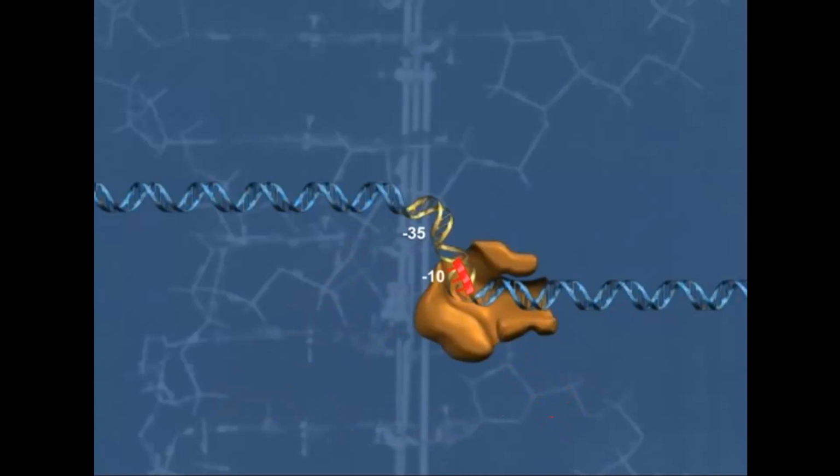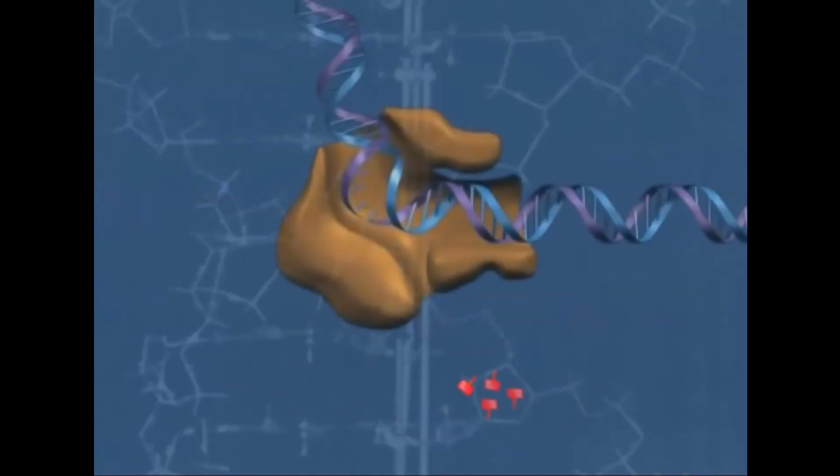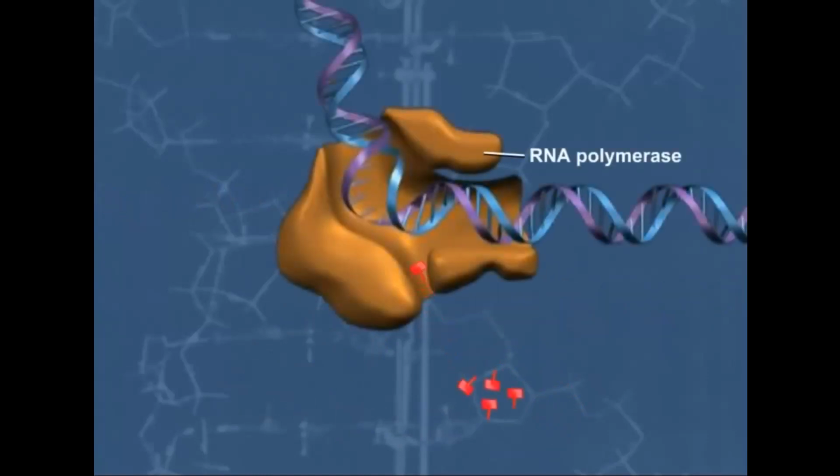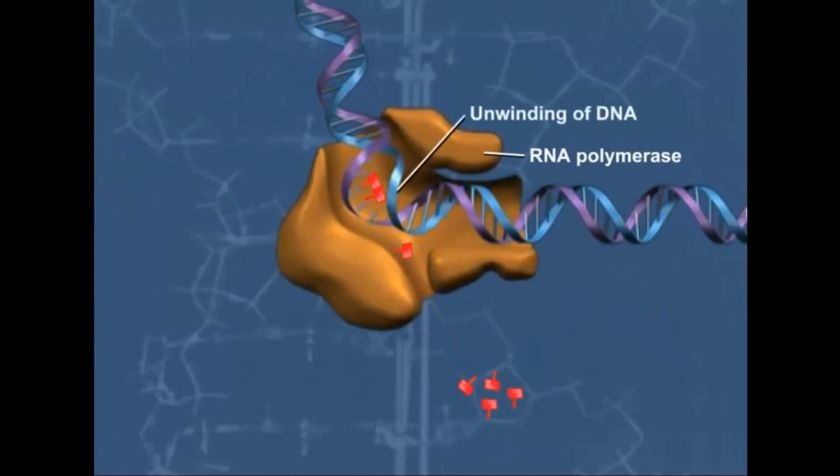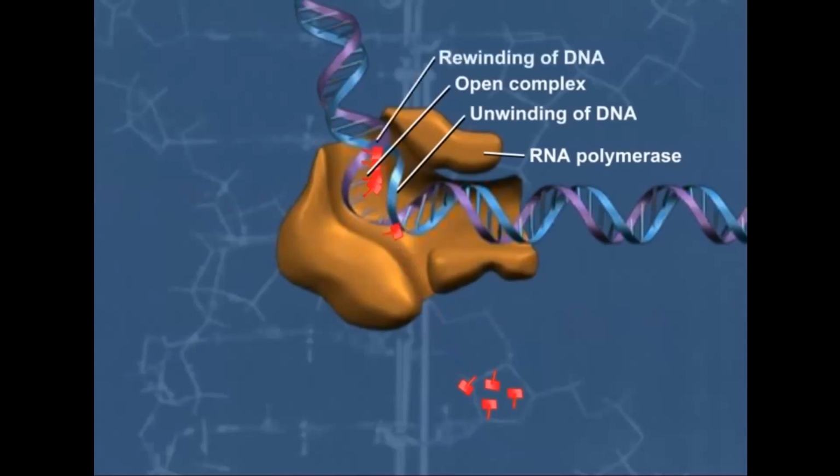As elongation of the transcript then continues, the RNA polymerase moves down the DNA molecule and the next sequence in the chain is opened up. As RNA polymerase moves down the DNA strand, the DNA molecule entering RNA polymerase unwinds, forming the open complex, while the DNA exiting RNA polymerase rewinds to form double helix.